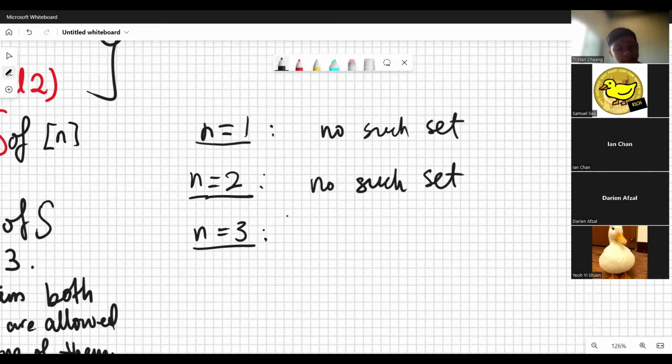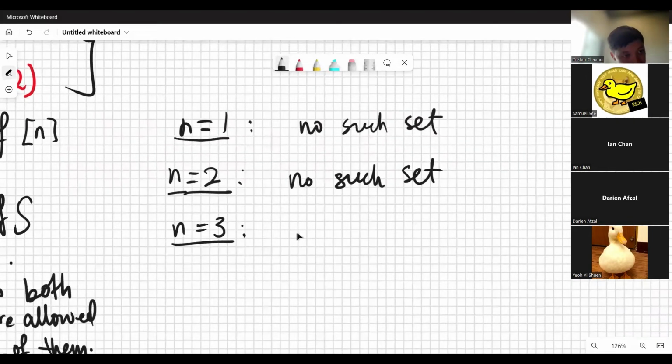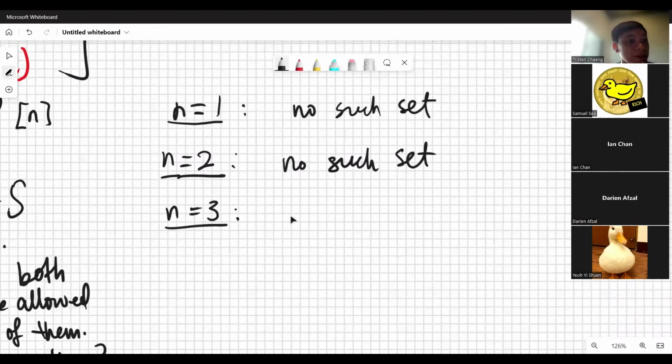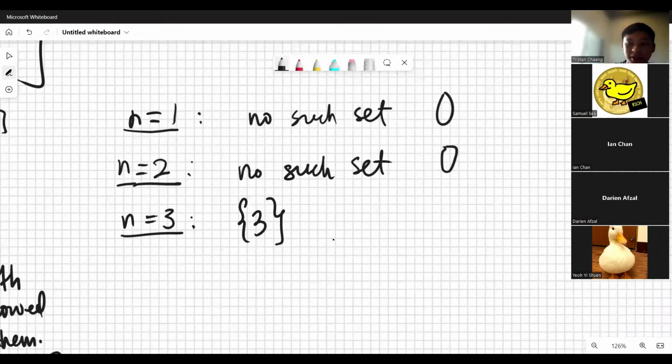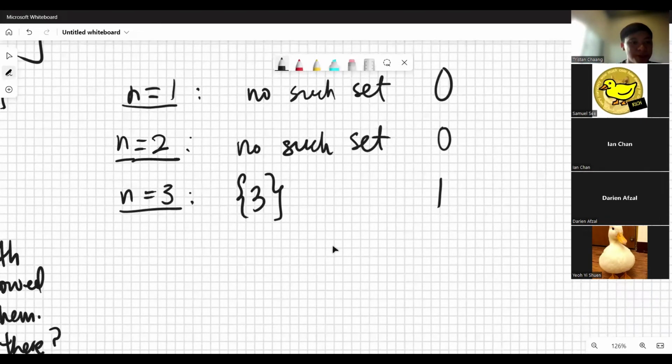So n equals 3. We have exactly 1, which is 3. Right. So there's 0 here, 0 here, 1 here, which is already quite weird.